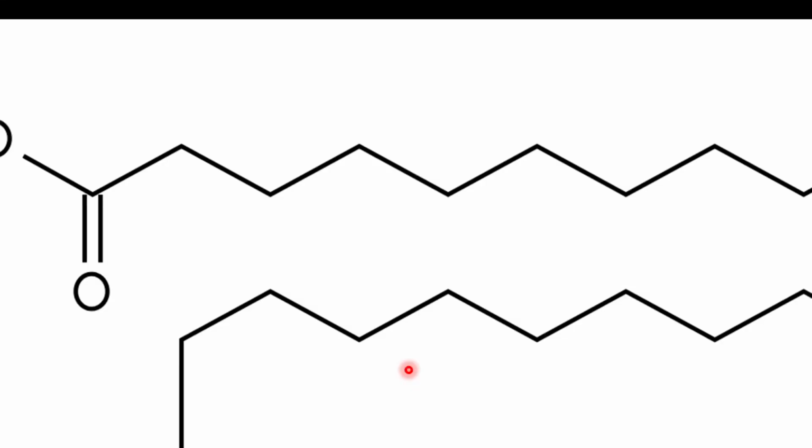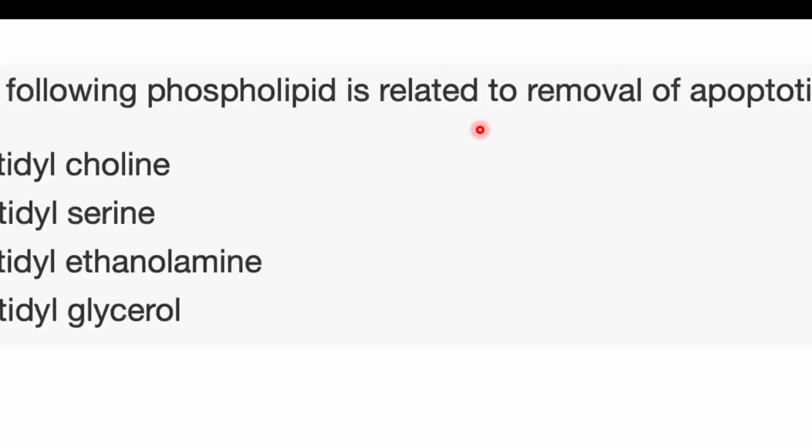Just let me move back to the video call. Okay, great. Moving on to the next question. Which of the following phospholipid is related to removal of apoptotic cells by phagocytes? Okay, coming on to lipids now.